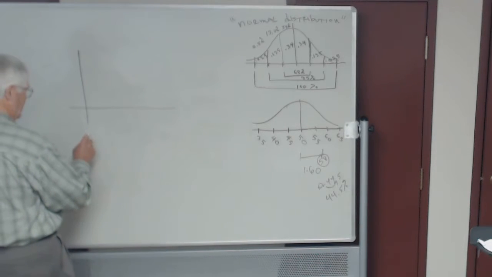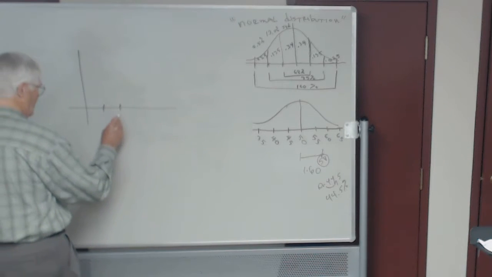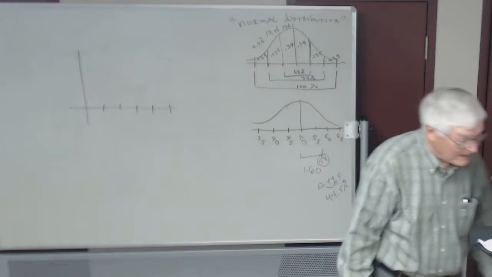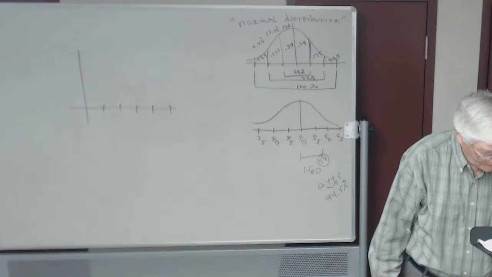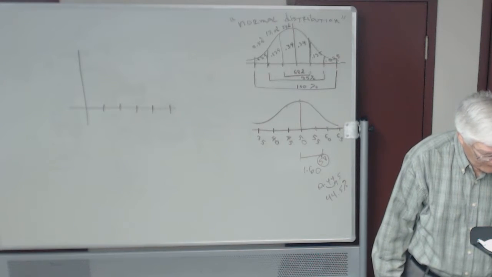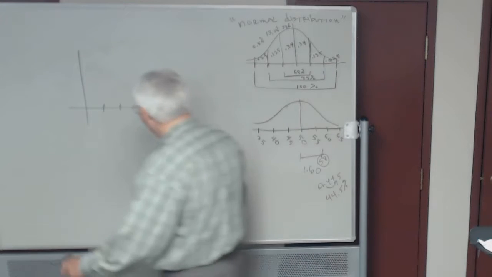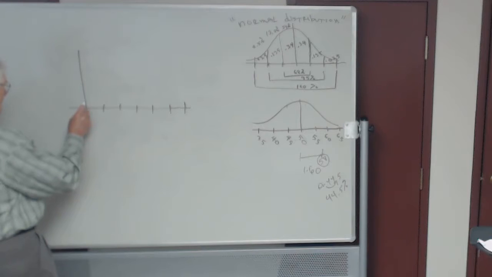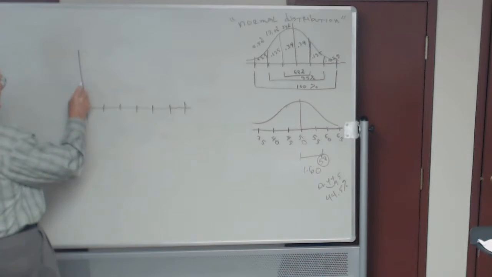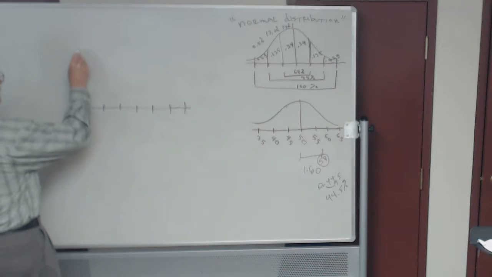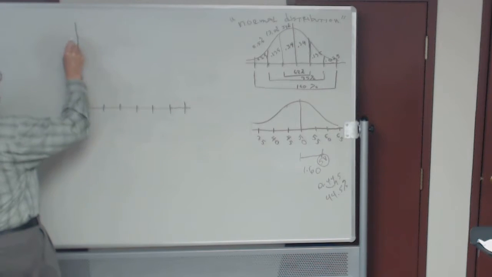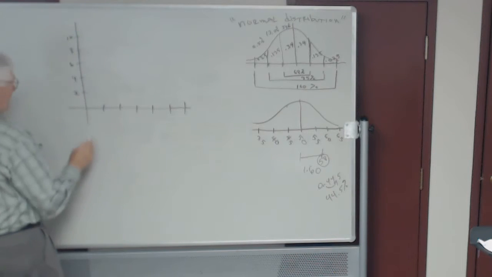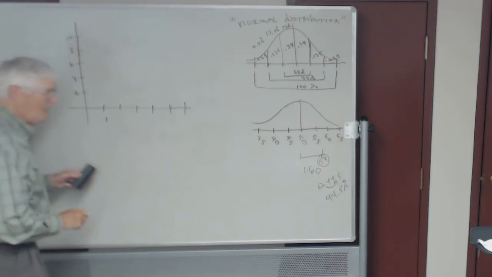X is what? 1, 2, 3, 4, 5. And y goes from 2 to 10. So y is 2, 4, 6, 8, 10. And when x is 1, what's y?